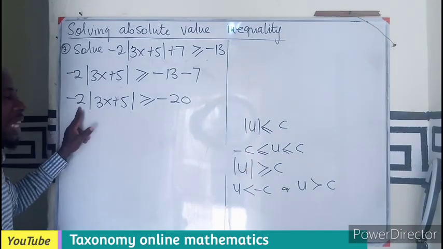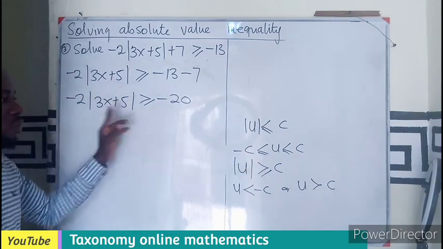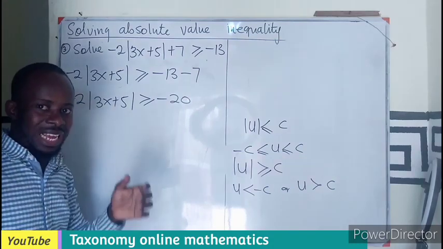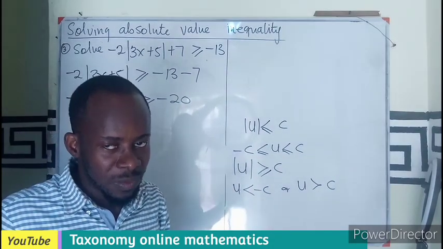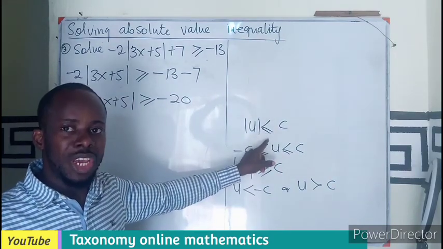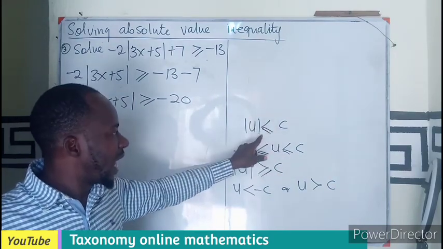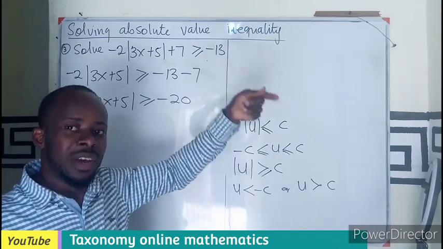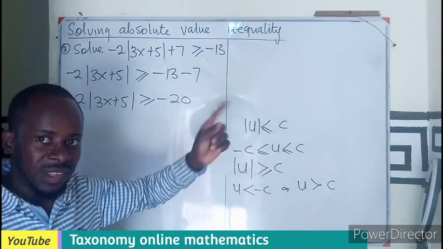But we still need the absolute value on the left, and I still have a constant. So what will I do? I divide through. Don't forget, under the rules of division in inequality, if you are dividing by a negative, the sign of the inequality changes. If it is less than or equal to, it becomes greater than or equal to, and vice versa.